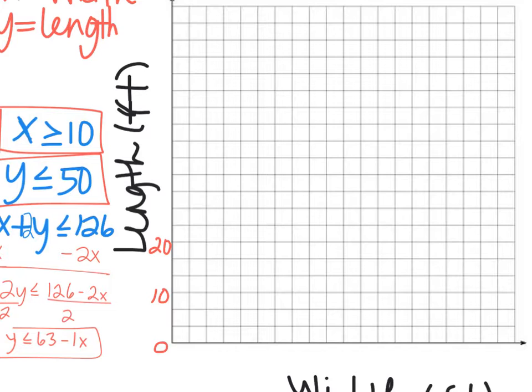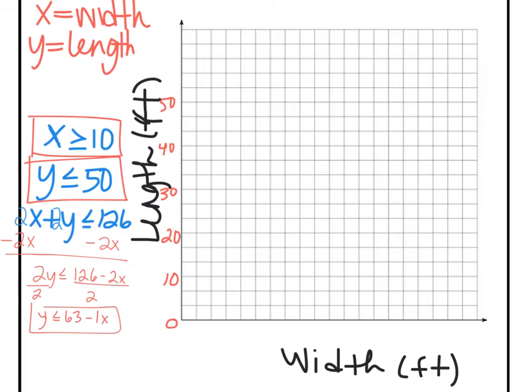So I'm skipping 3 squares and labeling another 10, 20, 30, 40, 50, 60. So that'll give me plenty of room. And then same thing on the bottom, because it's got to go to 63 over there as well.